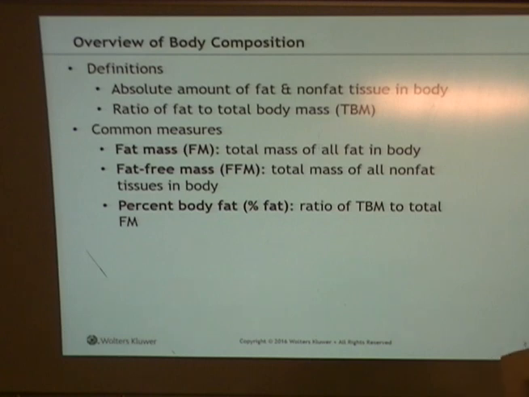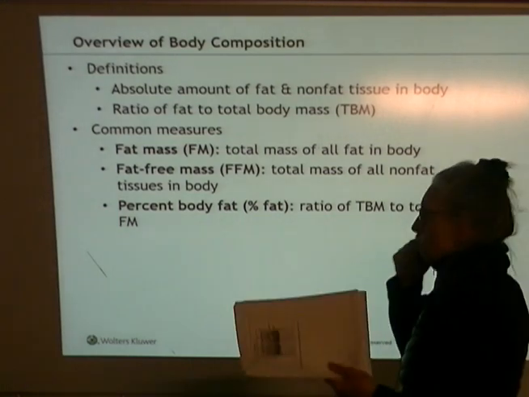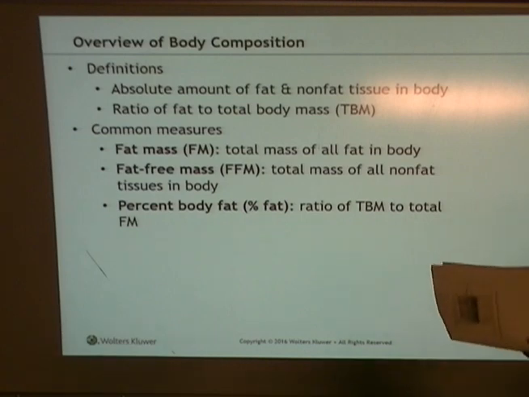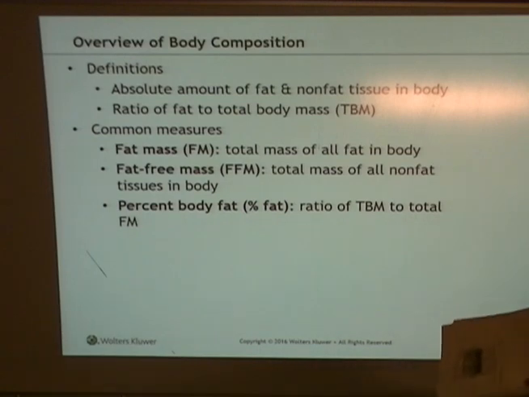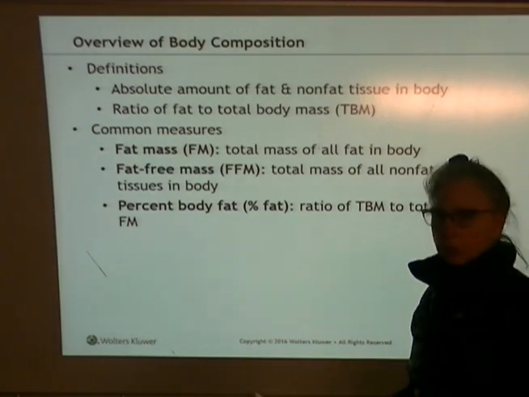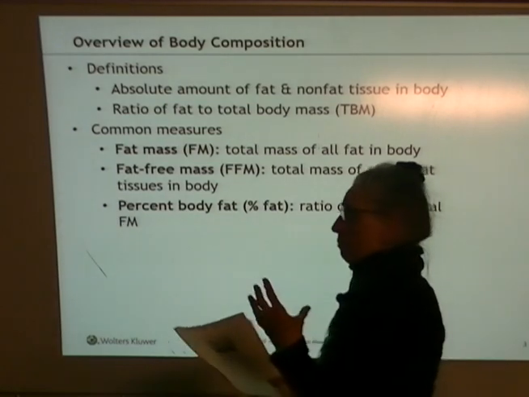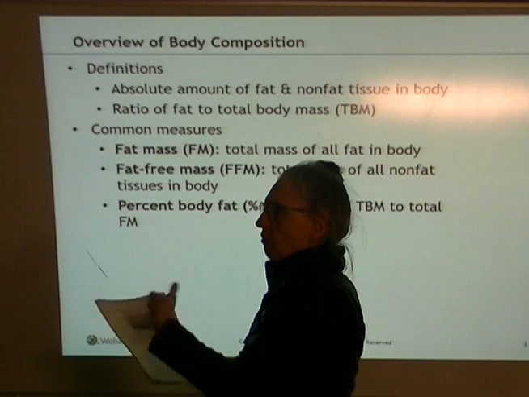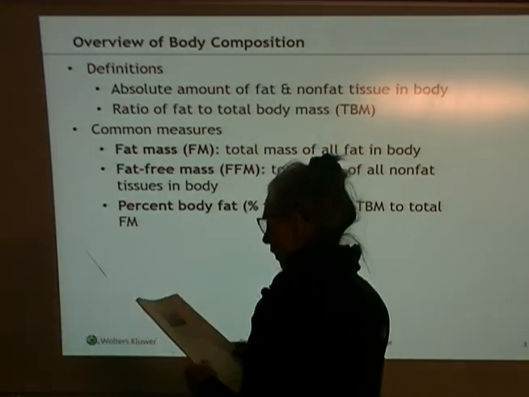So terms you'll often hear that we measure are fat mass, so how much fat is there in the entire body, fat-free mass, so everything else, skin, bones, organs, muscles, okay, everything else. And then we use percentage body fat, often, bless you, often as a measure that we use, like that's my goal, I want to be 3% lower body fat or something like that. Okay.